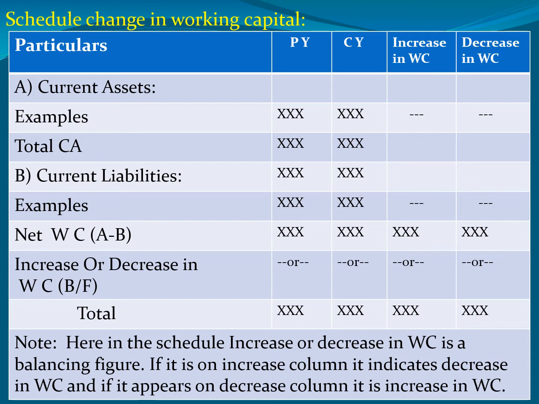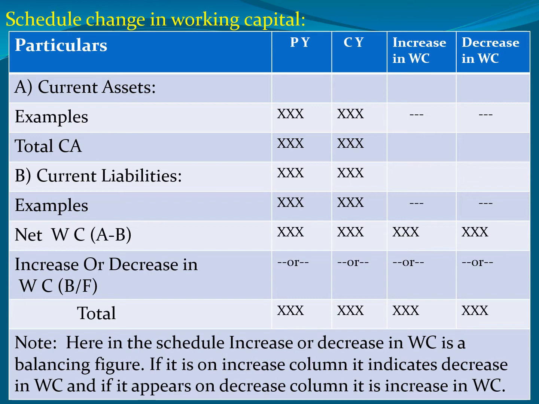If you see the last year balance sheet and current year balance sheet, if it is in the vertical format, current assets would be a separate head, and from that head all the current assets are to be taken here as it is, and total of current assets. So previous year and current year, the amounts you have to take.